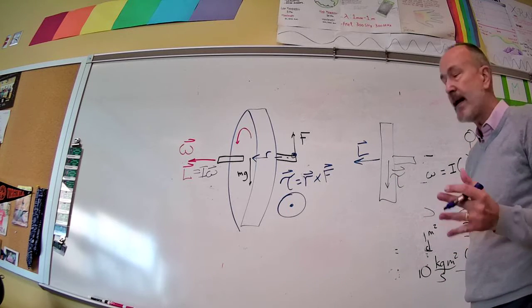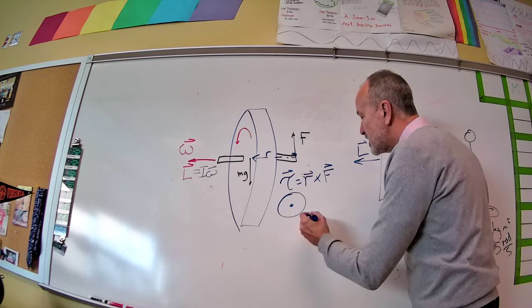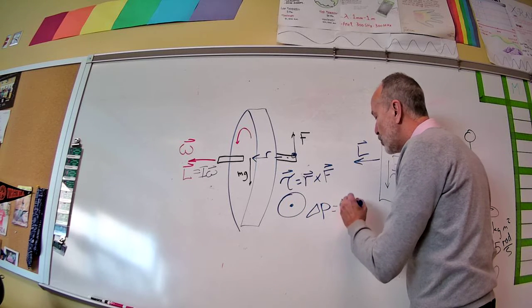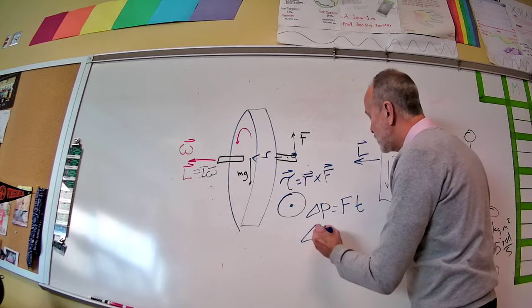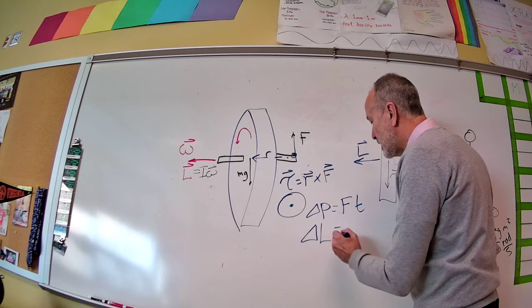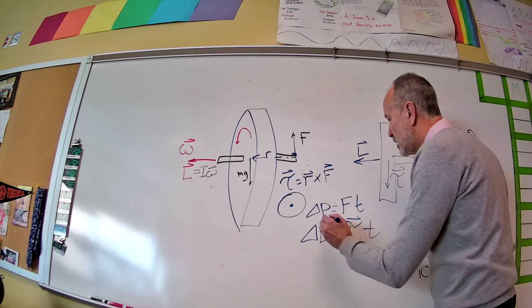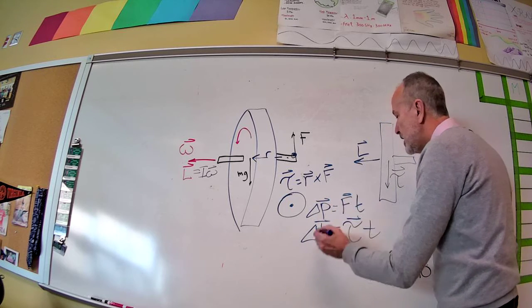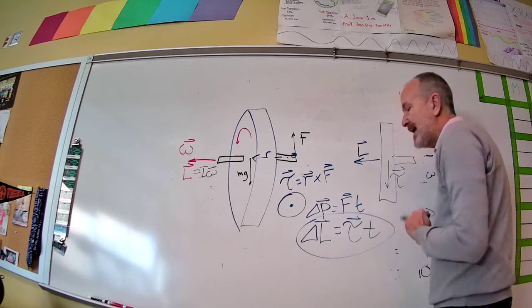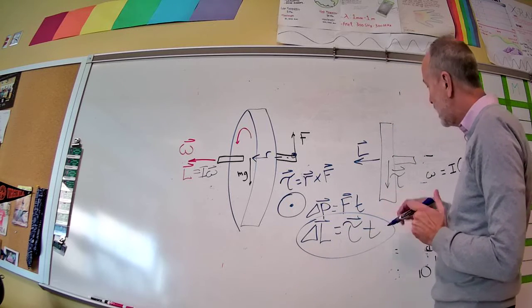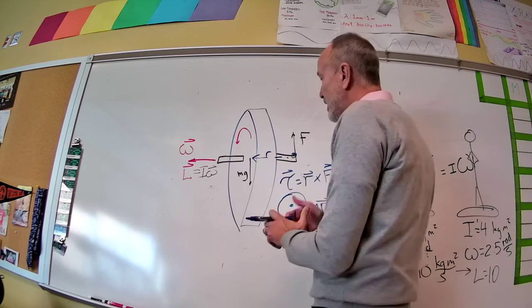Okay. Now, what happens is, just like change in momentum for impulse is force times time, change in angular momentum is torque times time. Okay, so in this case, the change in the angular momentum will be the same direction as the torque. Well, the torque is in this direction. Let's do it with the wheel here.